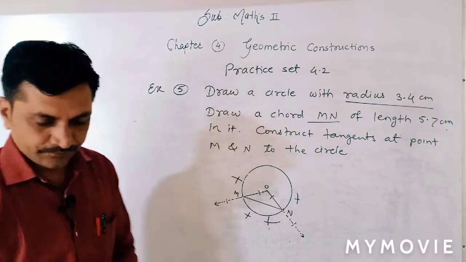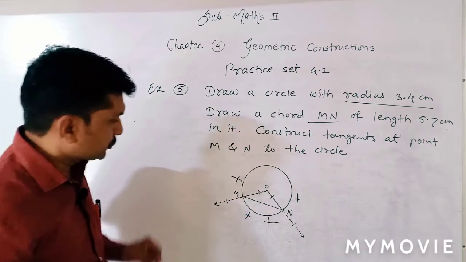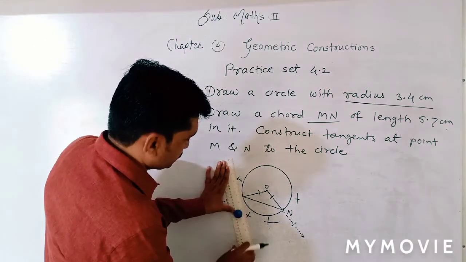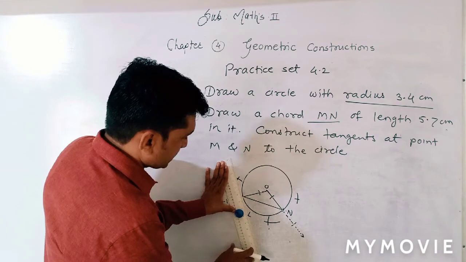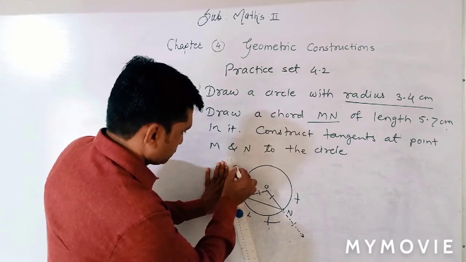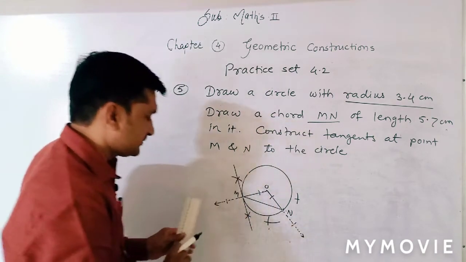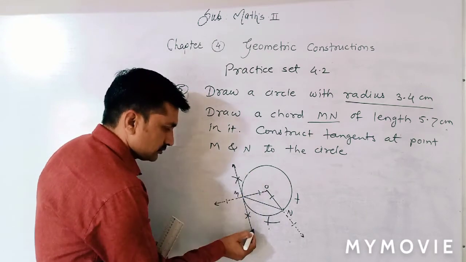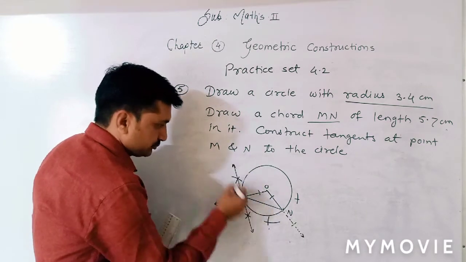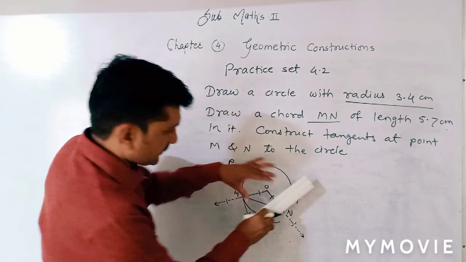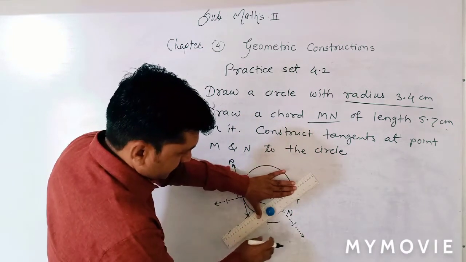They should intersect. And now last, draw lines passing through M. First line will pass from M. This is tangent. P I give here, and second here from N point.